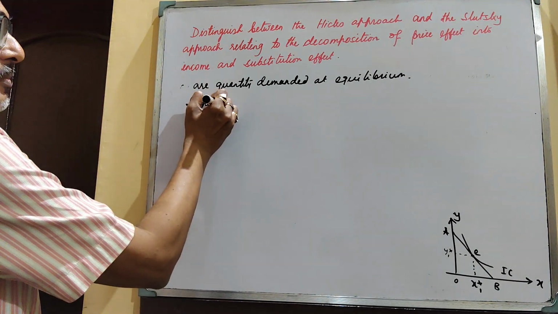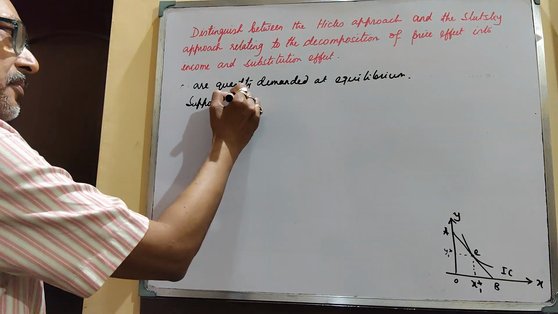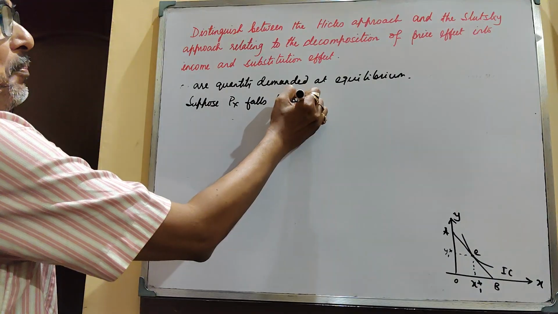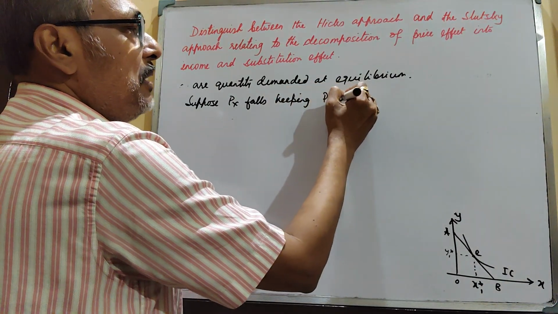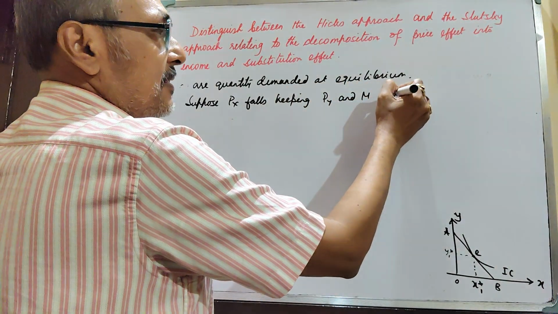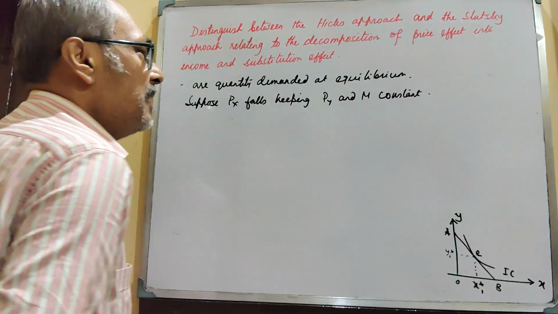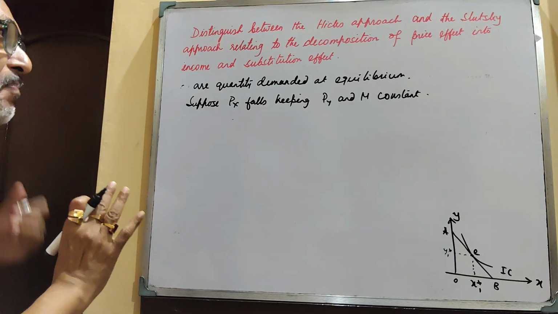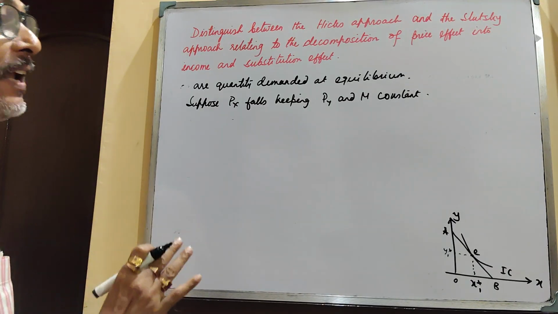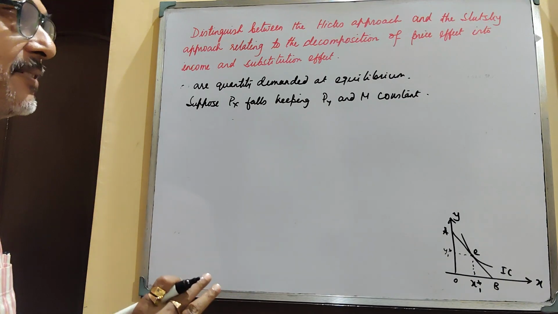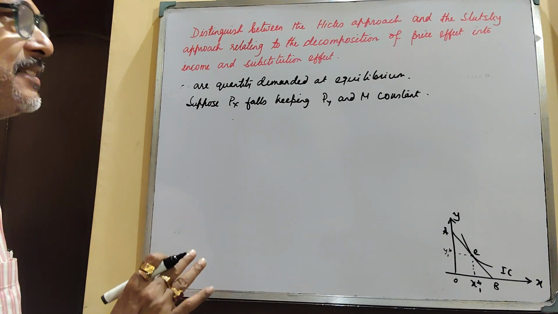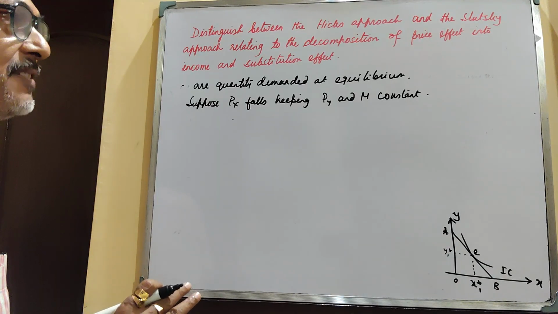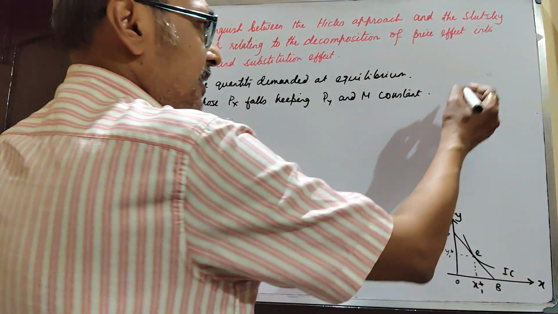Suppose Px falls keeping Py and M constant. The fall in Px will affect the quantity demanded for X. This is known as price effect.